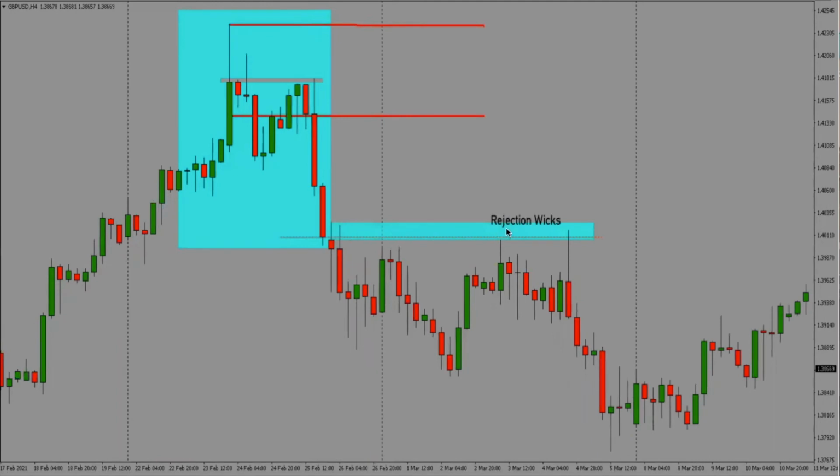All right, again, these are those rejection wicks. Right there's that indecision candle right off of that. And let's look at just some live examples or some recent examples on GU.